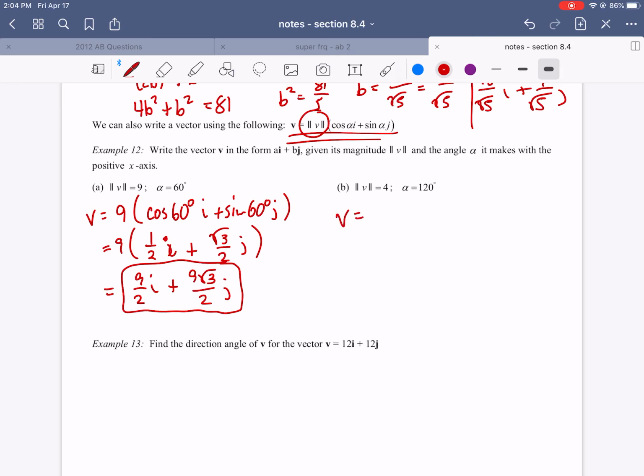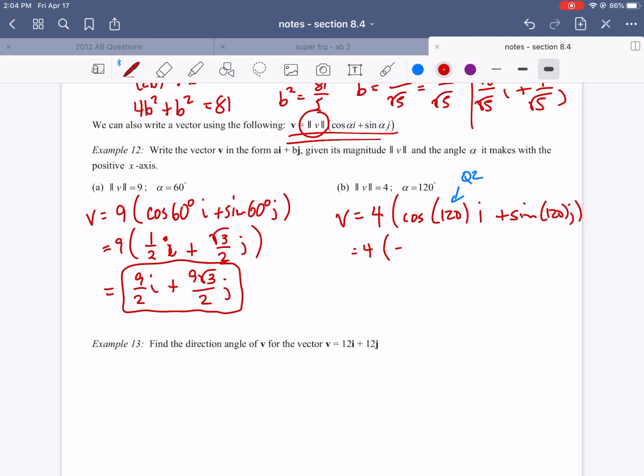Okay, so for letter B, we've got v is equal to the magnitude of v, which is 4, and then cosine of 120 multiplied by i, plus the sine of 120 multiplied by j. Okay, so using the unit circle values, cosine of 120, well, I know that it's in quadrant 2, and therefore it is going to be negative because cosine is negative in quadrant 2.